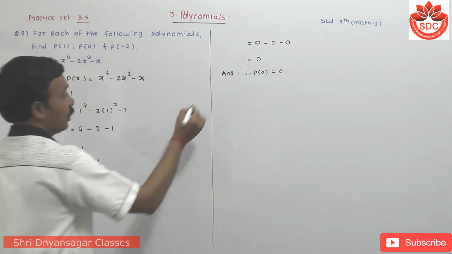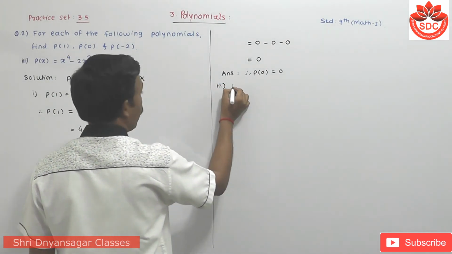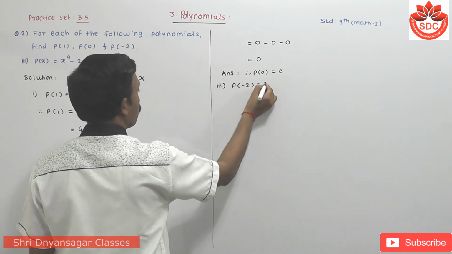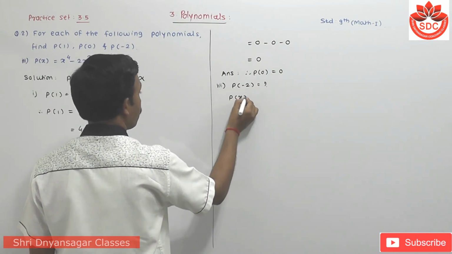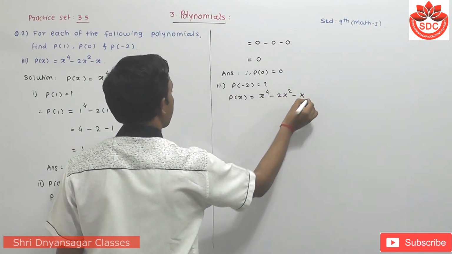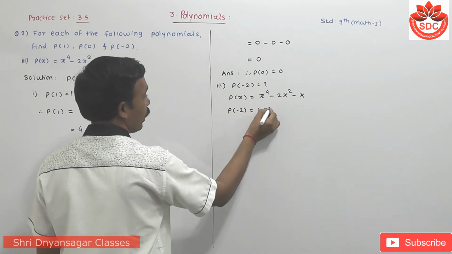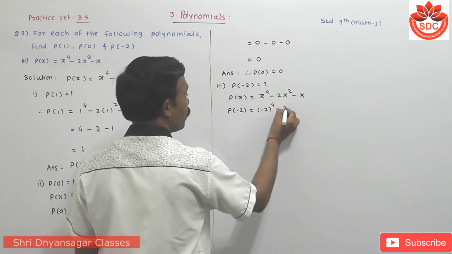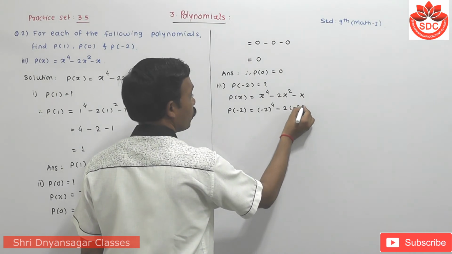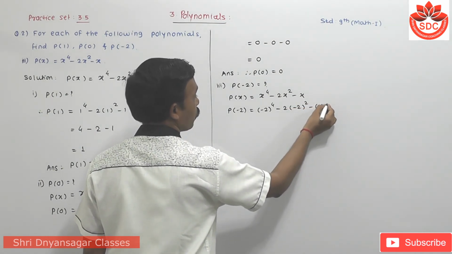Then student, third case, we have to find out the value of p of minus 2 is equal to question mark. P of x, the polynomial is given, x raised to 4 minus twice x square minus x. We substitute the value, p of minus 2, here: minus 2 raised to 4 minus 2 into minus 2 raised to square minus 2.